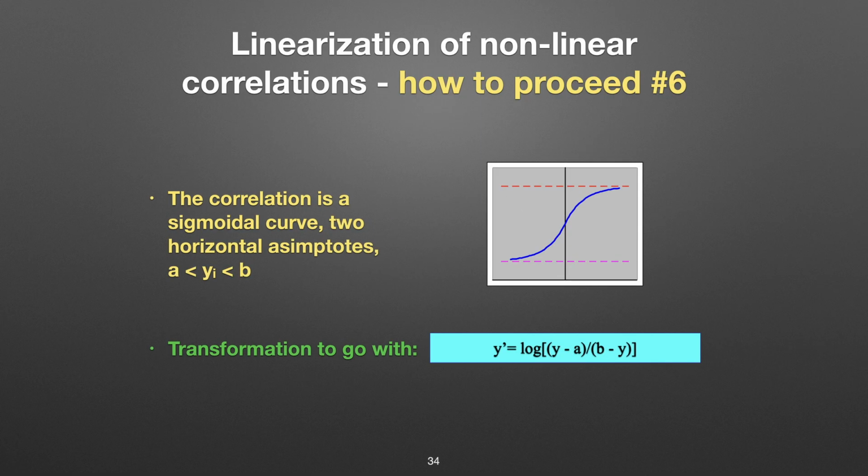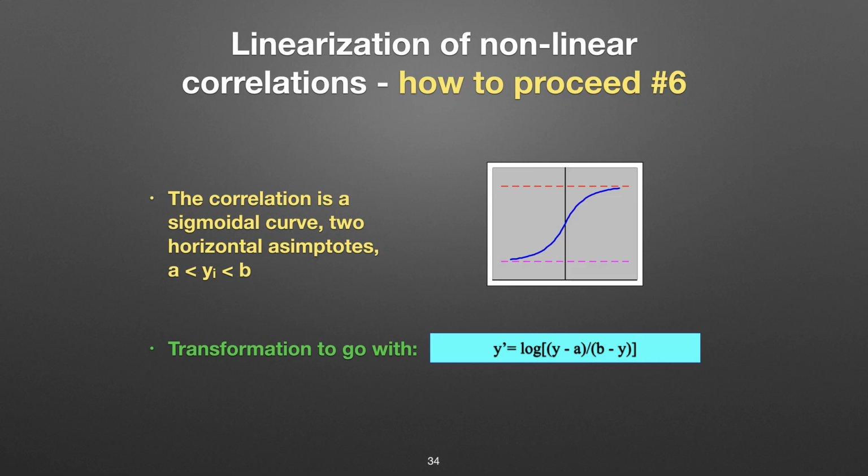And now we arrive at the dramatic one, the sigmoidal curve. If the relation is sigmoidal and has two horizontal asymptotes with a less than y sub i less than b, then the suggested transformation is y prime equals log of y minus a divided by b minus y.